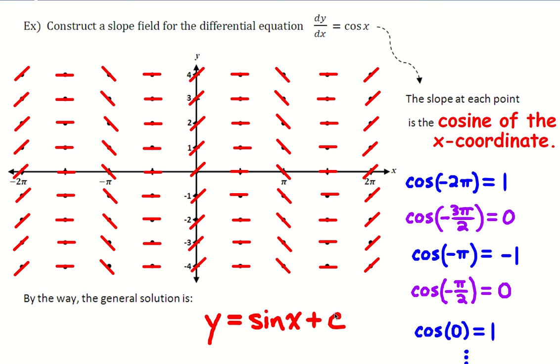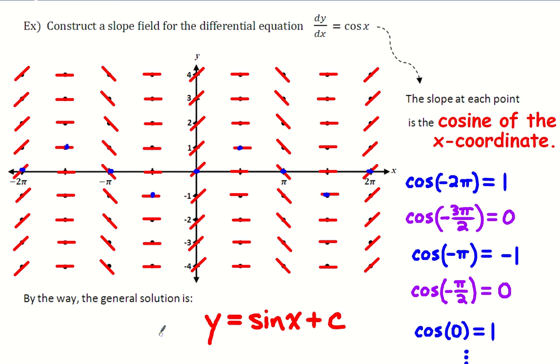Now, let's say our c value was 0, we would have a particular graph that goes through there. Wouldn't it also exactly go through here? And it would exactly go through there, and there, and there. Also here, here, here, and here.